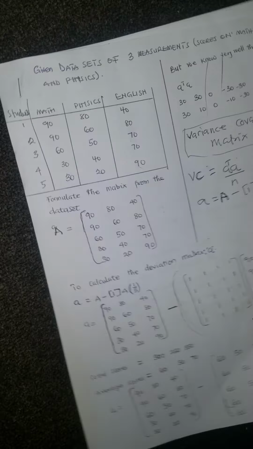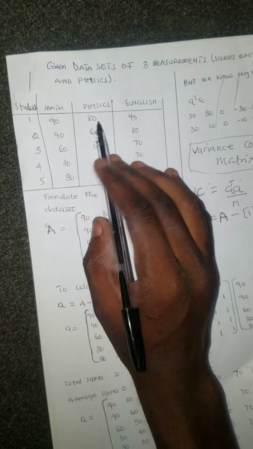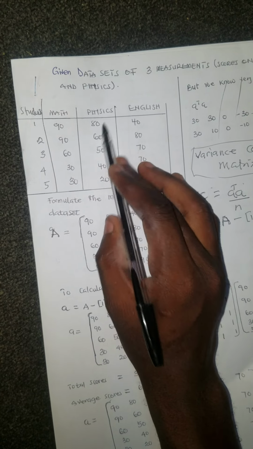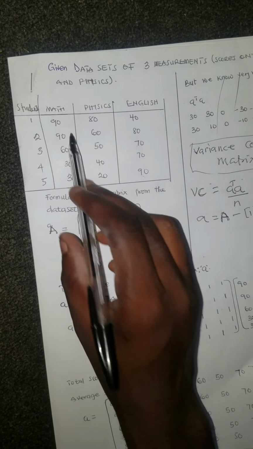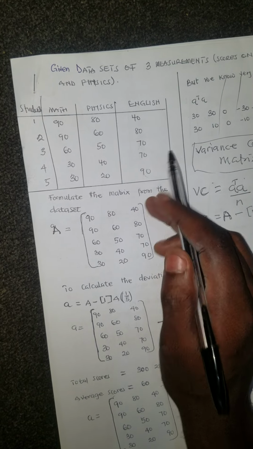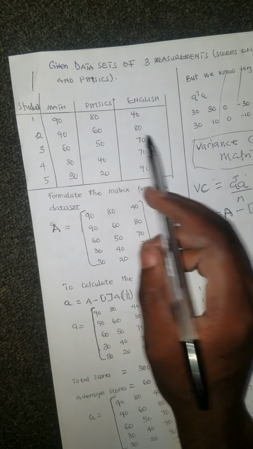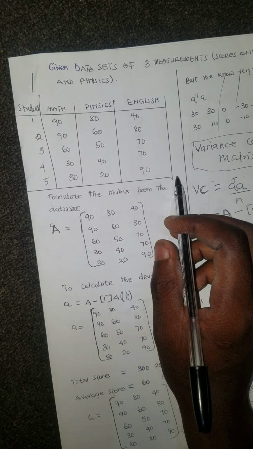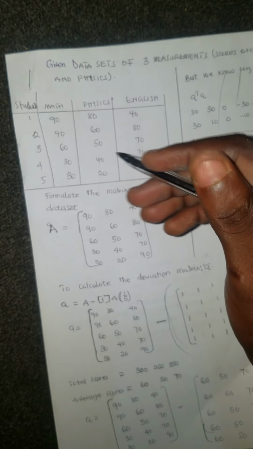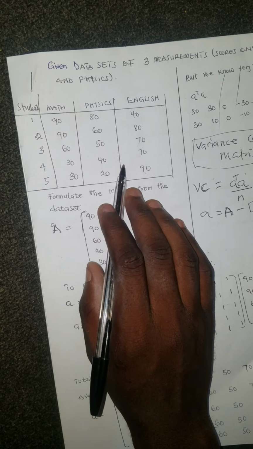Let's look at the marks we have. This student had mathematics 90. The student had physics to be 80. He had this 90, here 60. You understand? So if he gets a low mark here, he will get a low mark here. If you get a high mark here, you get a high mark here. So that is what we are saying by covariances.